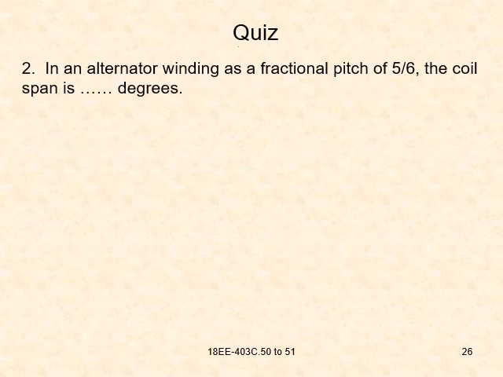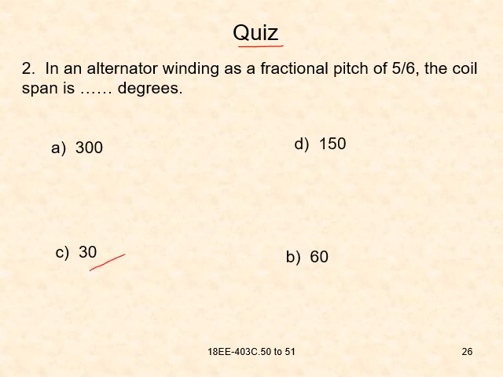We'll see the next question, that in an alternator winding has a fractional pitch of 5 by 6, the coil span is 5 by 6, the coil span will be 30 degrees. Obviously not 30, it's 150.